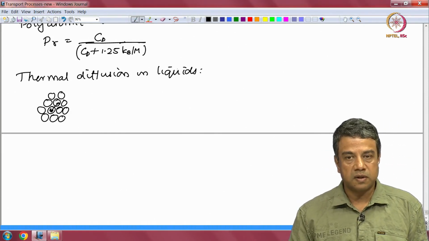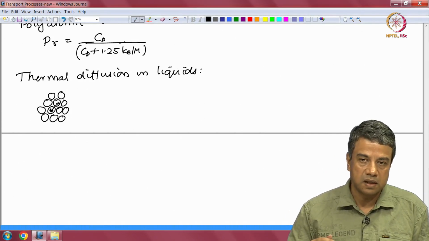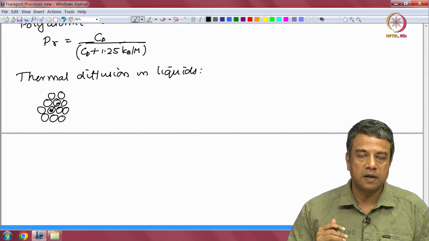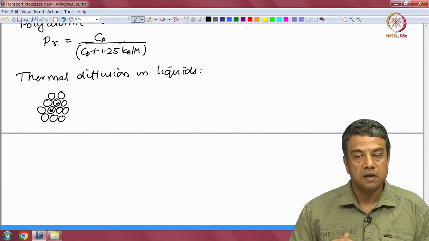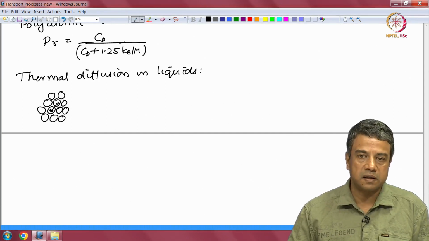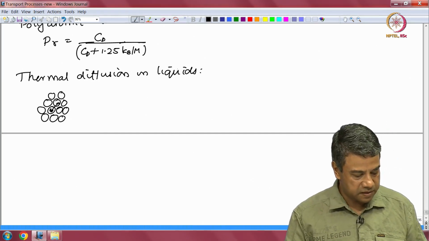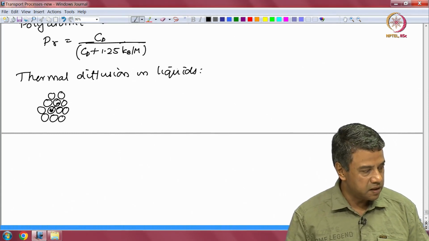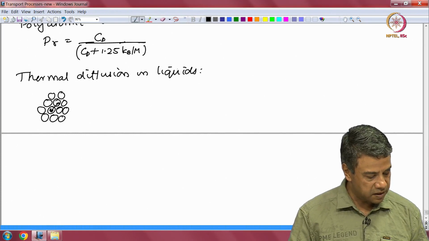Energy could be transported due to various mechanisms, including intermolecular forces. So, because you do not require molecules to physically move, the diffusion coefficient in a liquid for energy could be significantly higher than that for mass. Because for mass, a molecule has to physically move. For energy diffusion, a molecule does not have to physically move.